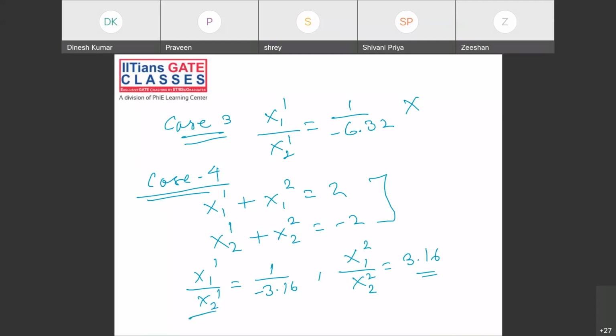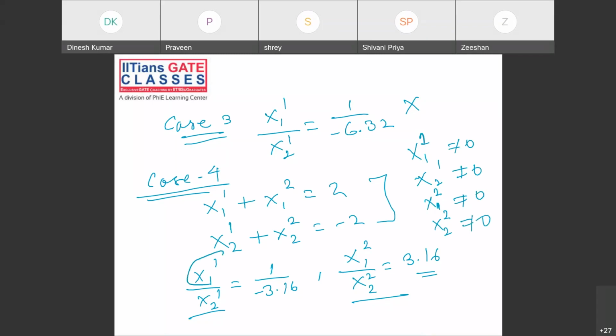So I can find every value: x1 1, x2 1, then x1 2, and then x2 2. Okay, I can find all values and all will be non-zero.